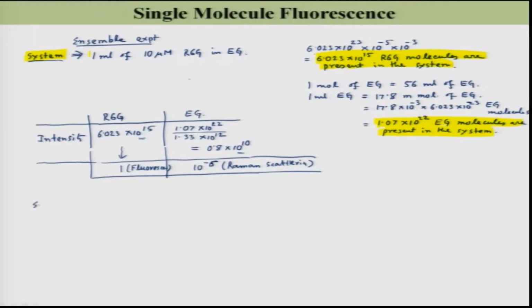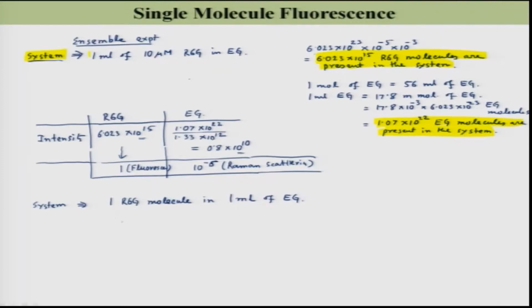Now, my system is 1 rhodamine 6G molecule in 1 ml of ethylene glycol, right. So, now this is my system. So, 1 rhodamine 6G molecule is going to give you 1 intensity, right.